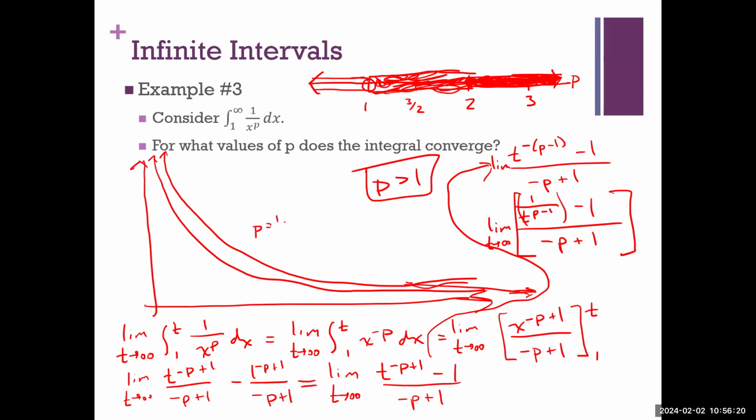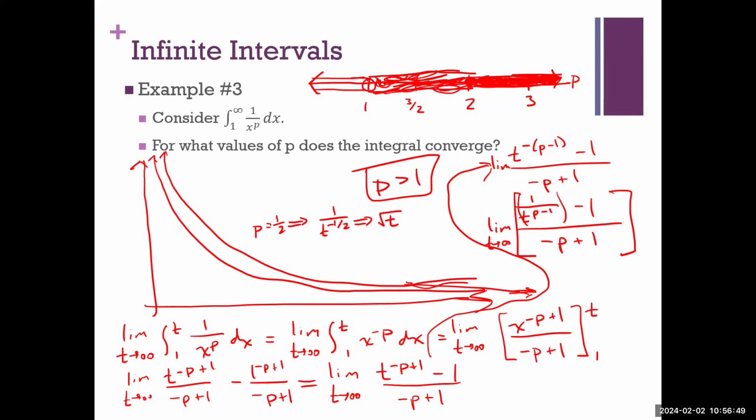If p is equal to 1/2, then this becomes 1 over t to the negative 1/2. Agreed? Is that the same as the square root of t? What happens to the square root of t if t gets really, really big? It will increase without being bounded.